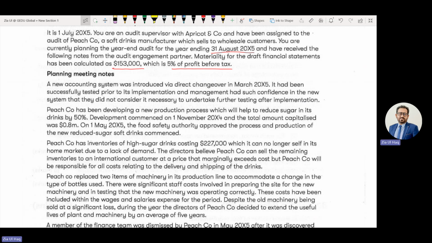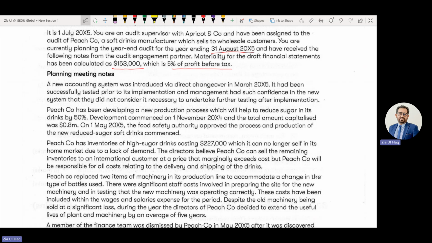But there could be chances staff is not properly trained. If they are not properly trained, they are making mistakes in performing transactions. And they have changed from a manual system to a computerized system. If the manual data is not completely converted into the system, there could be chances financial statements are manipulated. Manipulated means some figures could be understated, some figures could be overstated.